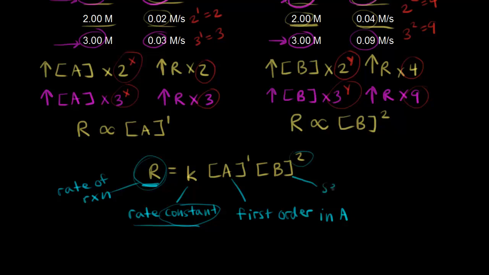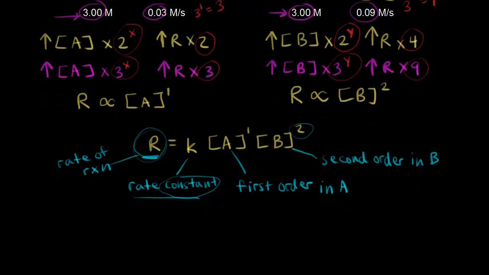So this is second order in B. And we can also talk about the overall order of our reaction. We're first order in A and second order in B, so the overall order would be 1 plus 2, which is equal to 3. So the overall order of our reaction is 3.